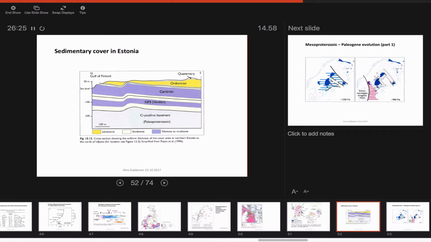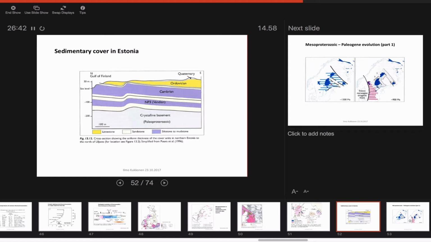Now this is the kind of a basic issue that we might be able to map with thermochronological methods, depending on which thermochronometer we are using and if they are sensitive to the kind of problem we have.